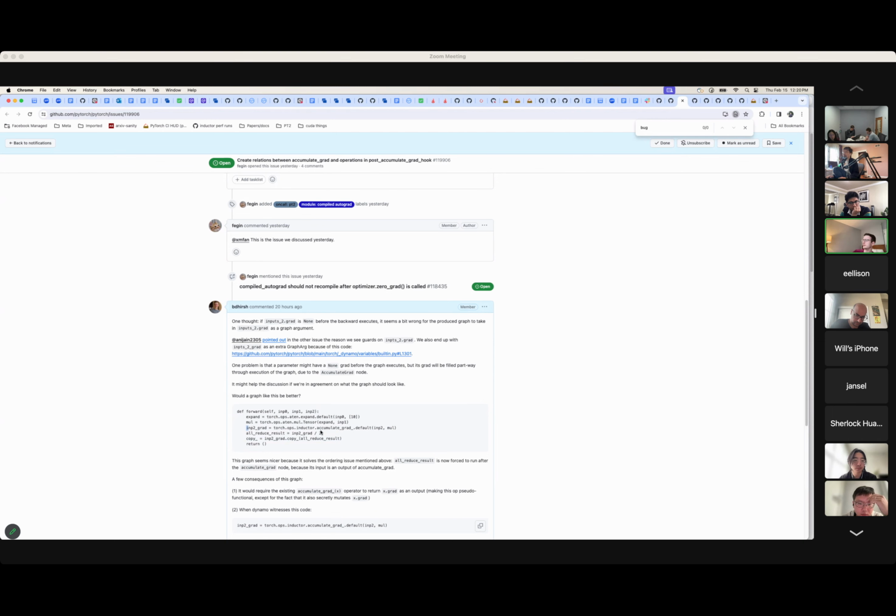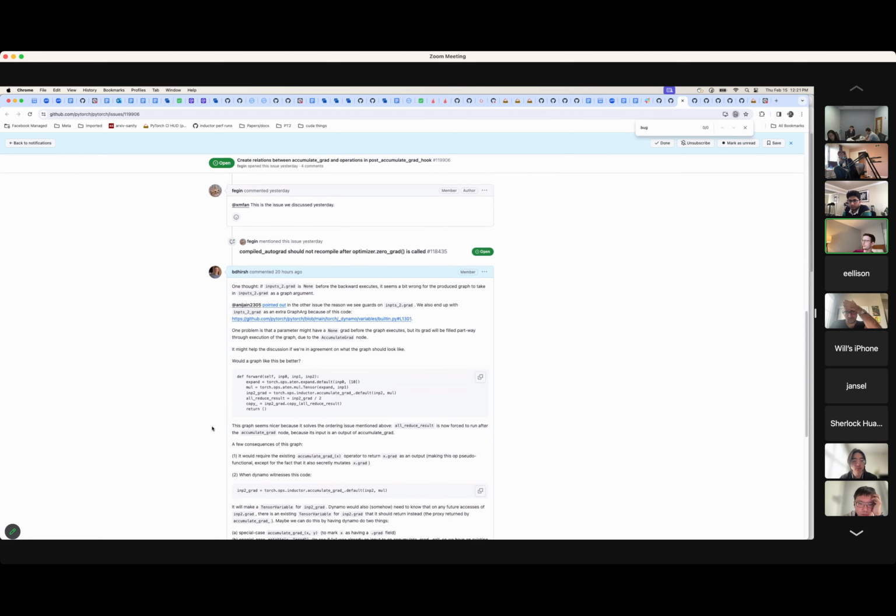Here, accumulate grad is still technically mutating because it's accumulating into the .grad field of the parameter, but it's also returning the updated grad as an extra output. Then somehow we need to make sure that any downstream code that uses the .grad field of the parameter knows to grab this value instead of directly reaching in and calling input.grad in the graph. So that was one proposal.